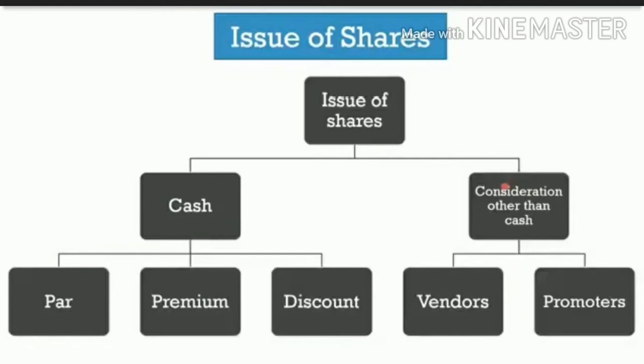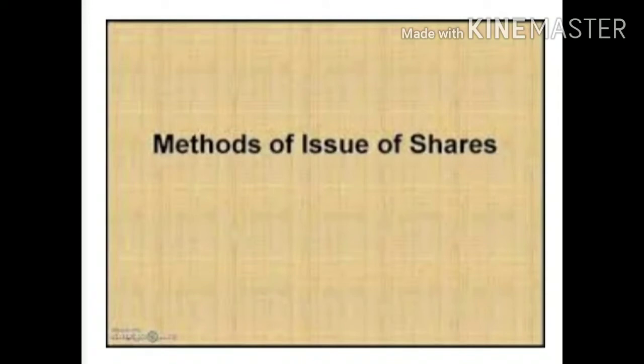Next point, method of issue of shares. The main aim of issuing right shares is to raise additional funds by offering shares to the existing equity shareholders in the proportion of their holdings rather than making a fresh issue.